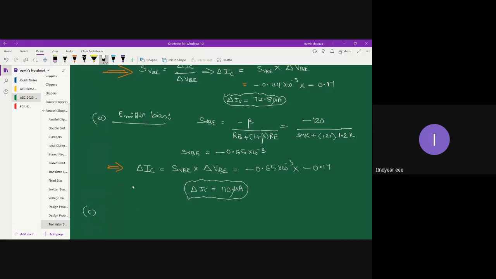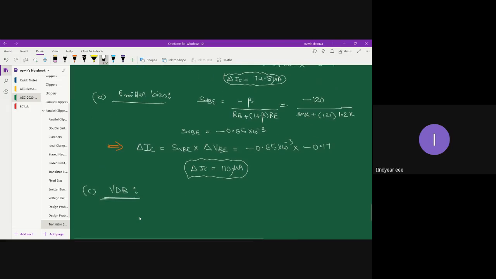And finally, you can do it for voltage divider bias. If you know the emitter bias formula, you can write it for the voltage divider bias circuit. So SVB for a voltage divider bias circuit is minus beta divided by, in place of RB, you have RTH, the Thevenin's resistance, and the rest all remains the same, RE.